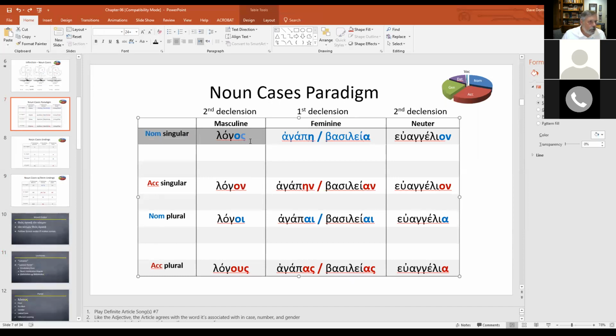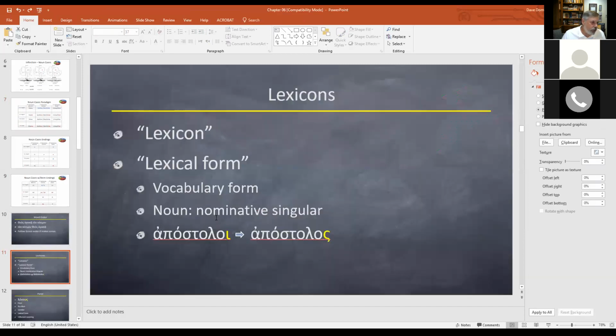I have to find logos. So I have to know the pattern to know that logon is accusative. What would it be for nominative? Omicron tells me it's a second declension pattern. Sigma, I know, is the nominative singular for that second declension pattern. So I would look up logos, and that's how I'd find it in the lexicon.